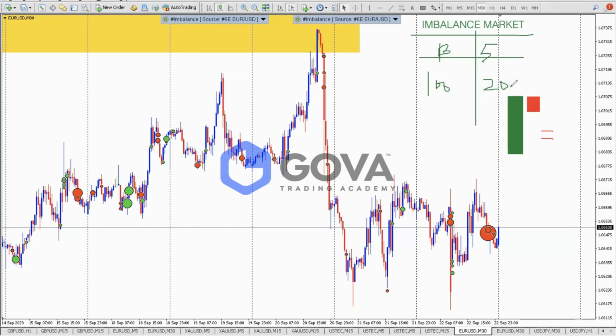It means that we have 100 buyers on this bullish candle, and then we have 20 sellers on this bearish candlestick. Now, the result is, when this bearish candlestick came in, this bullish candlestick is going to be equal to this.